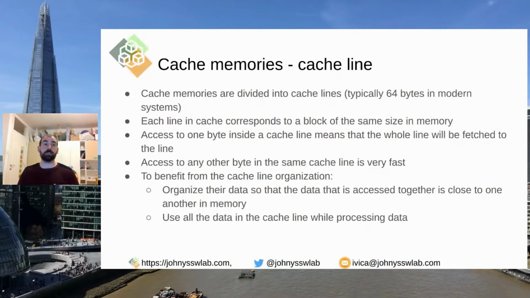The second thing: you know that the CPU is loading blocks of memory to the cache, so you want to use the whole block of 64 bytes. Every byte, you want to touch it. If you don't touch it, that is data that is transferred from the main memory to the cache and never used. It's wasted memory, it's wasted time.